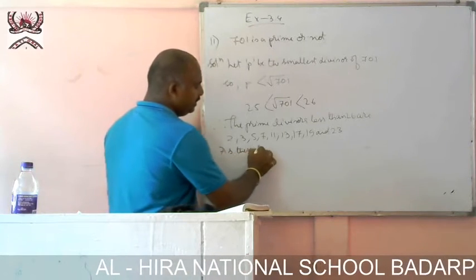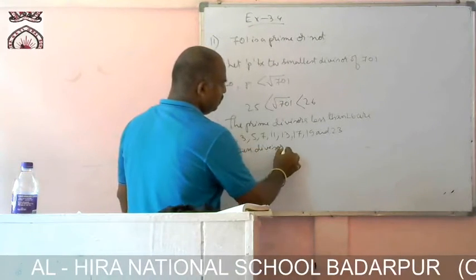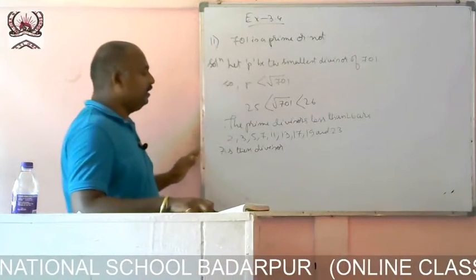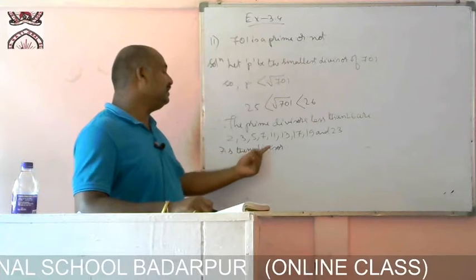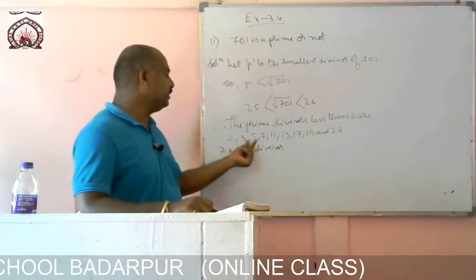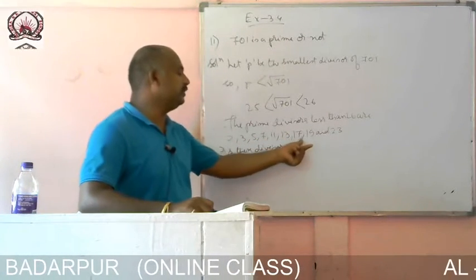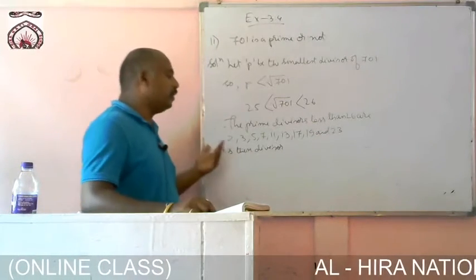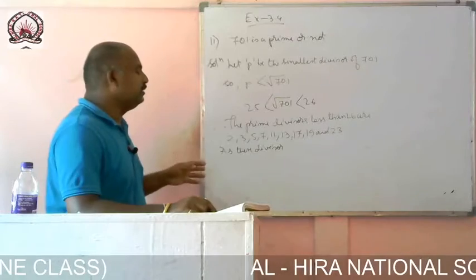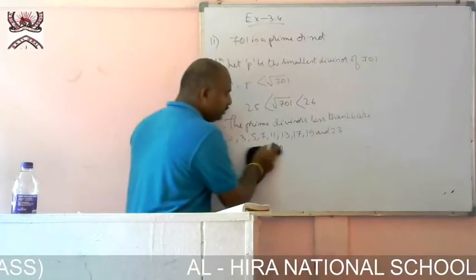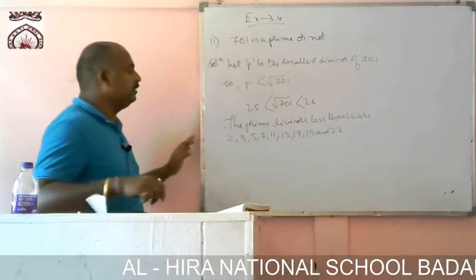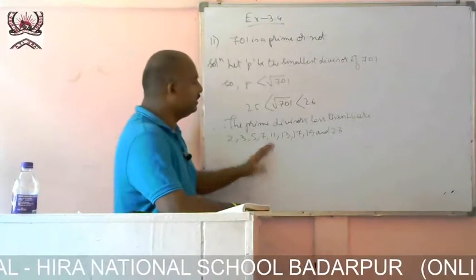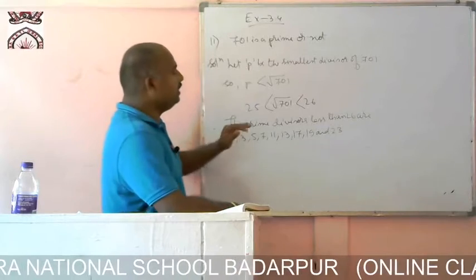Now as these divisors, that is 2, 3, 5, 7, 11, 13, 17, 19 and 23, are not present in 701, the prime divisors less than 26 are this much.